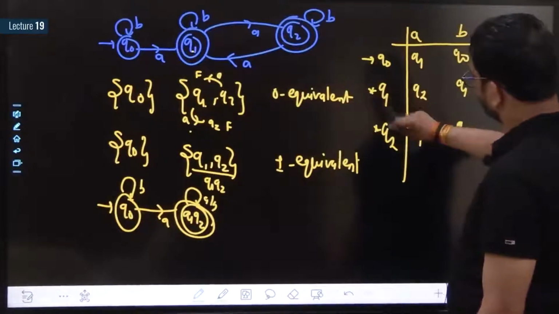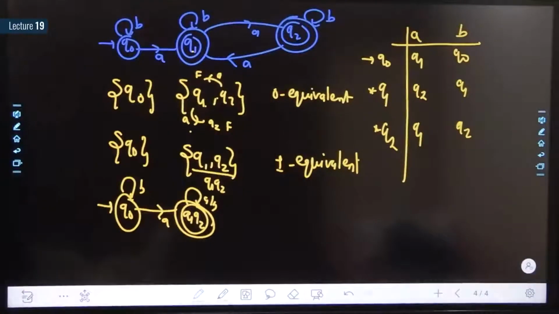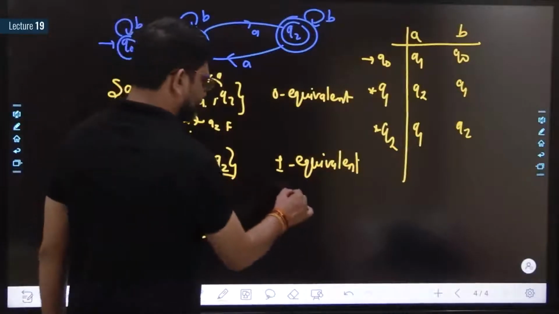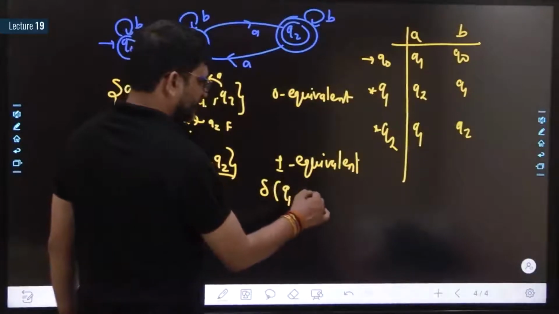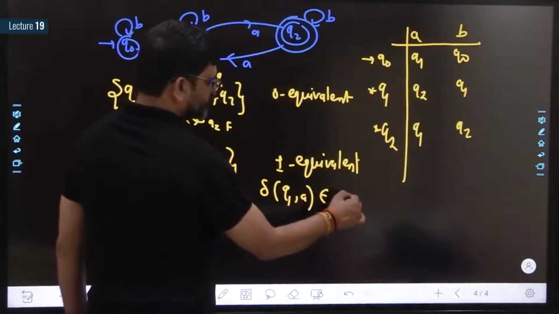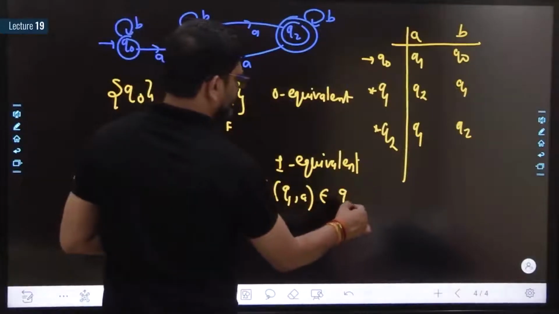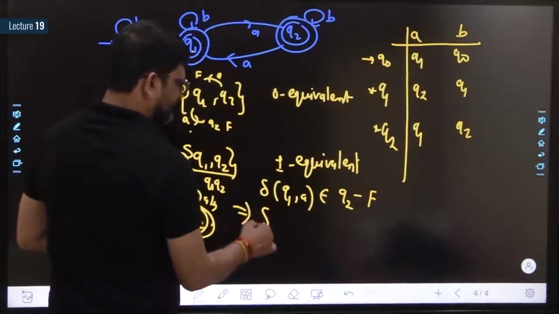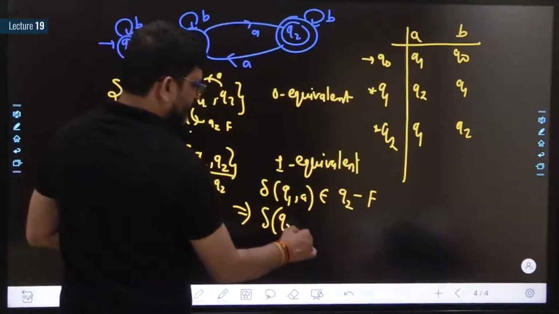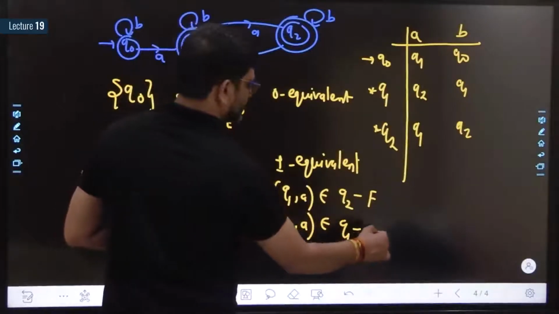Q1, Q2, we can merge these two states. Q1 on A goes to Q2, which is a final state. It implies that Q2 on A goes to Q1, this is also final.